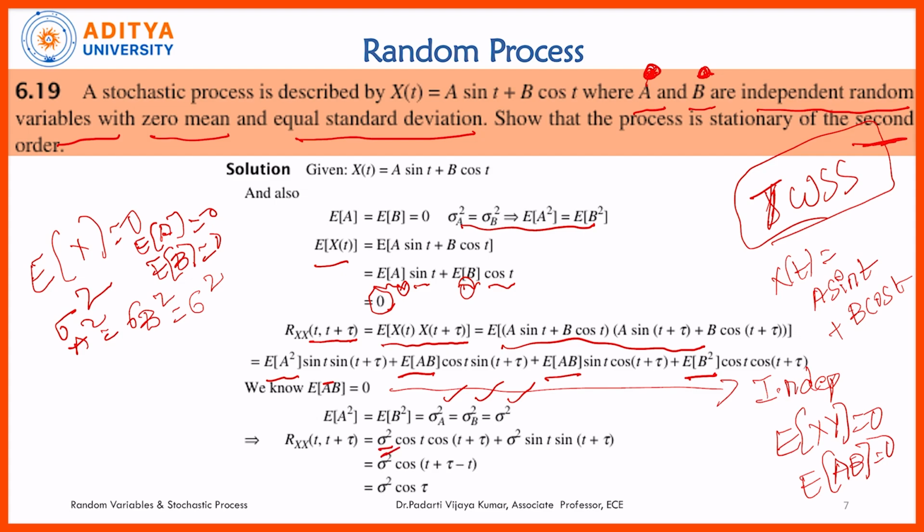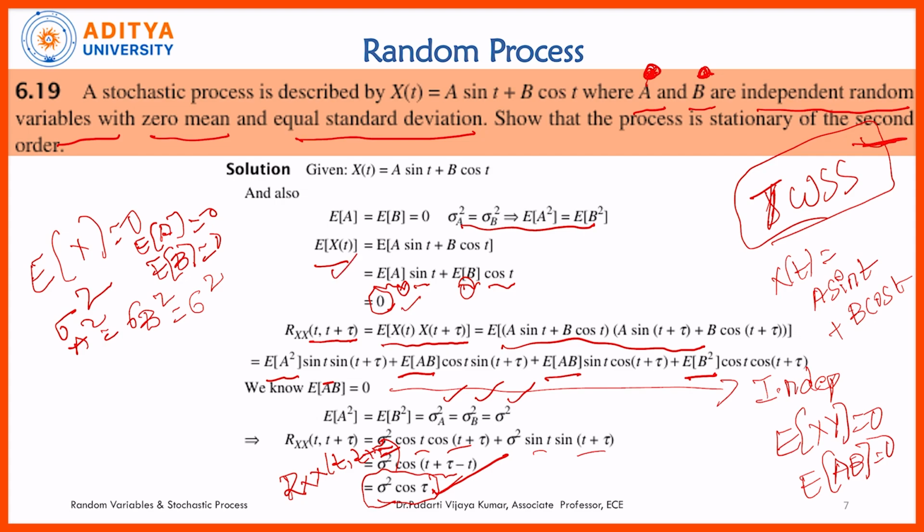Substituting the value sigma square, we get sigma square cos t into cos t plus tau, plus sigma square sin t into sin t plus tau. Now, this is of the form cos A cos B plus sin A sin B. I can write this as cos of A minus B, that is cos of t plus tau minus t. So, we get sigma square cos tau. So, the second order parameter we have computed, the autocorrelation function, is clearly a function of the time difference, and the mean value is equal to some constant.